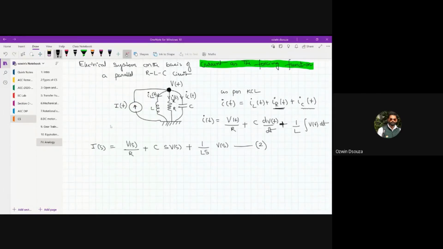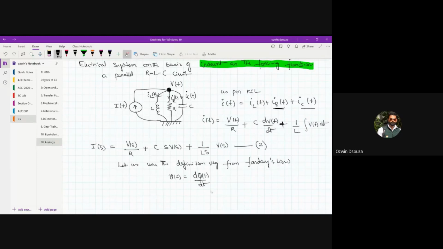So to do that, let us use the definition of voltage from Faraday's law. That means to say, V of t is equal to d phi of t divided by dt.